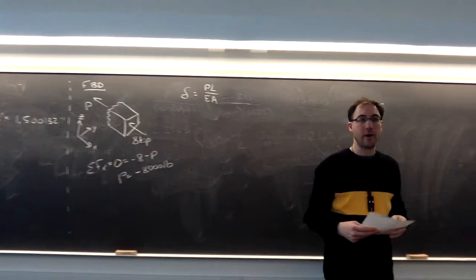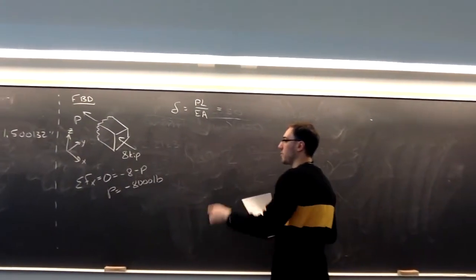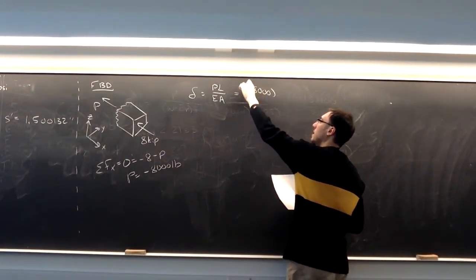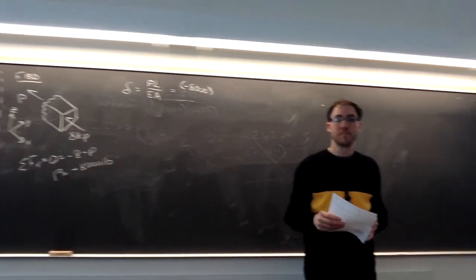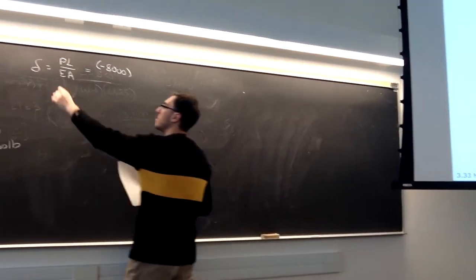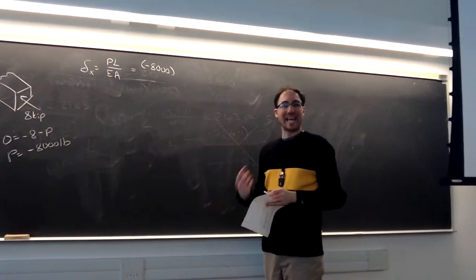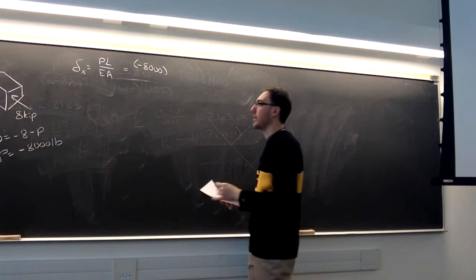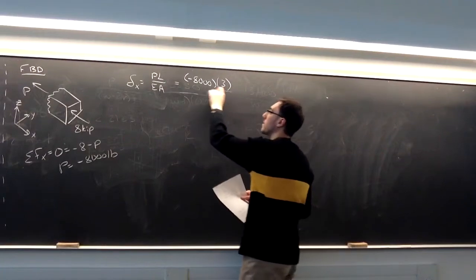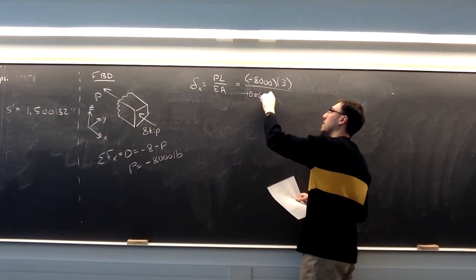And we're going to be able to calculate all of these values. We know the internal load along that direction is the negative 8,000, and the sign will matter here. This is going to be in the X direction specifically, to make it a little more clear. Along the X direction, the gauge length, which is what we use for these calculations, is 3 inches. Young's modulus for our material is 10 million psi.